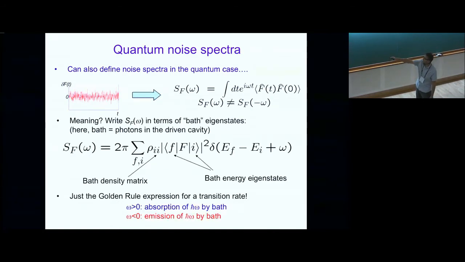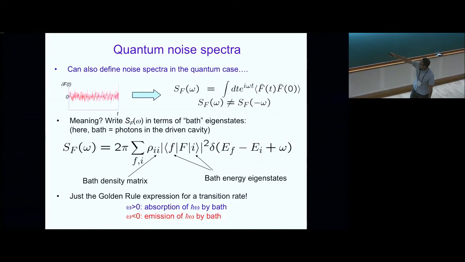Well, again, quantum mechanically, I could always write this correlation function in terms of whatever the unknown energy eigenstates are of my reservoir, in my case, this driven damped cavity, and in terms of its density matrix. I'm assuming that I have a kind of stationary state for this non-equilibrium system. So this is what people call a Lehmann representation.